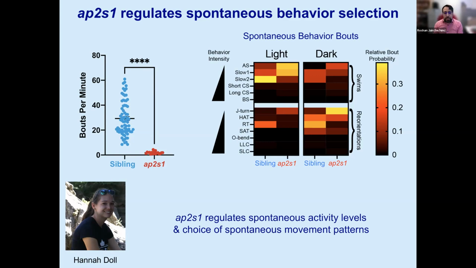Right. So what this tells us is that the AP2 complex seems to be regulating behavior very broadly across many different contexts and stimulus modalities, and it seems to be shifting the movement selection patterns in a variety of these different cases.